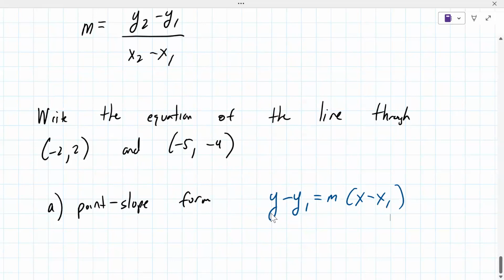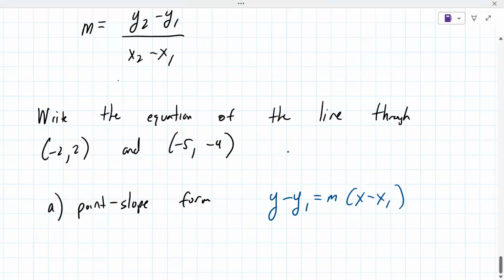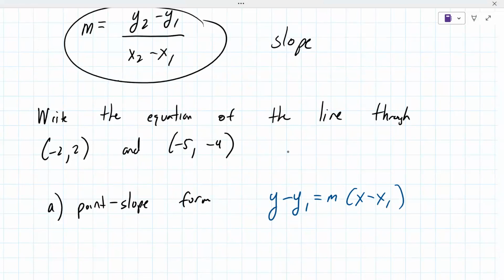It doesn't matter which one, you get to choose. Once you get the slope, you can either use the first point or the second point for your x1, y1.